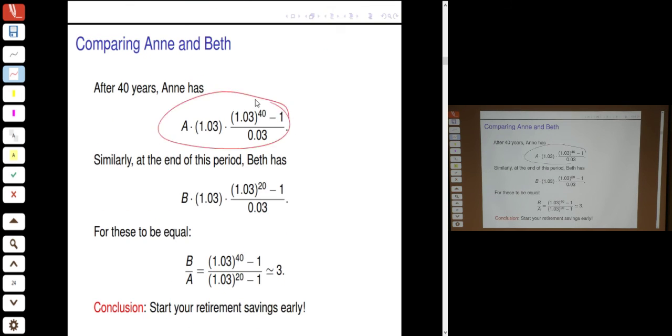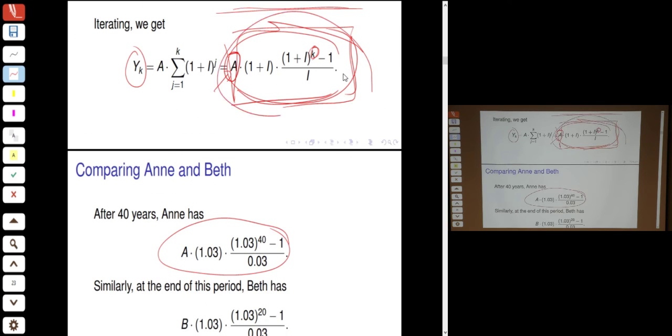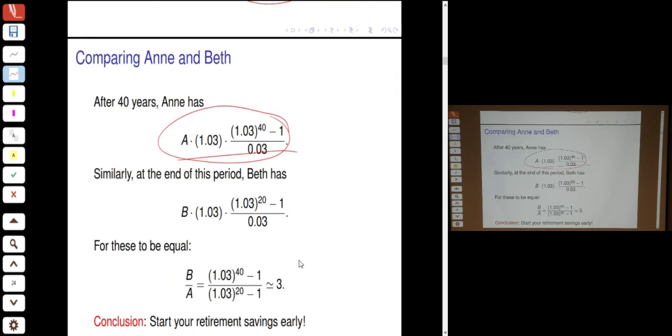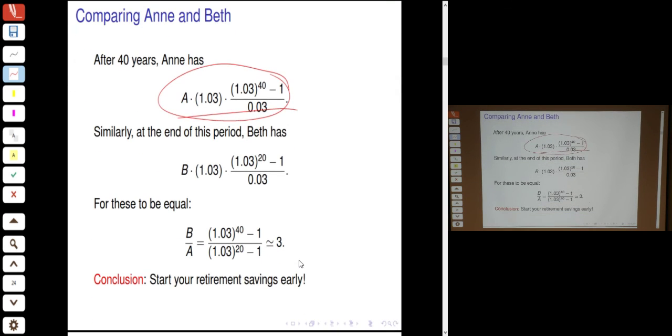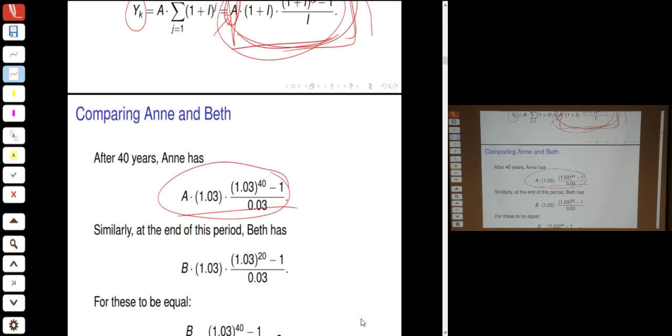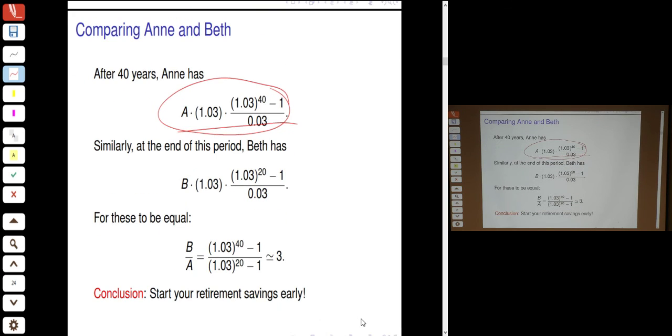So for Ann, you put in the values in this formula, with 0.03 as the value of I, the annual interest rate, and find the corresponding value for Beth.